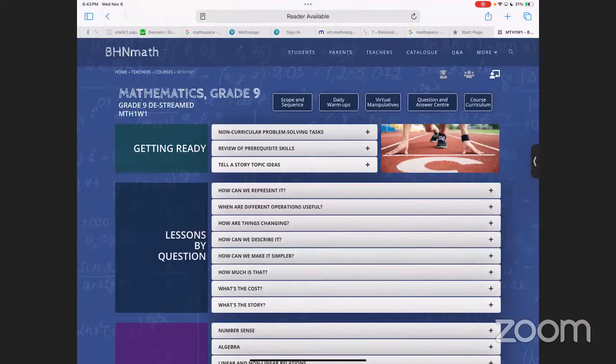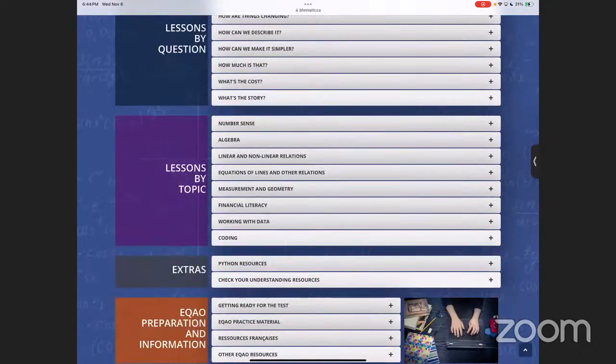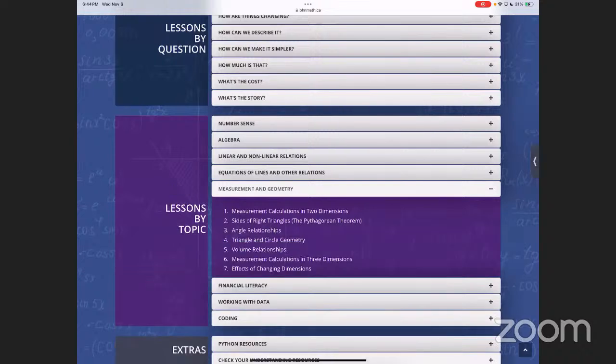We're going to revisit equations and relations again, and then move back to triangle and circle geometry. Triangle and circle geometry is interesting.